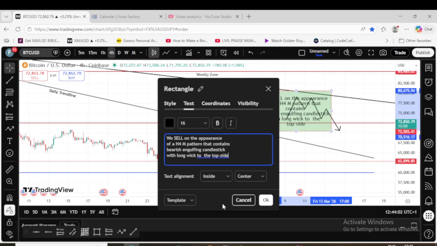So we said on the appearance of the H4 M pattern that contains a bearish engulfing candlestick with a long wick to the top side.